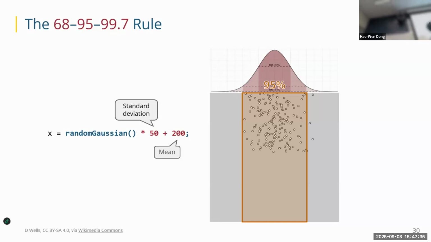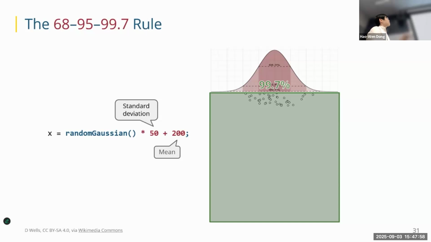If you count, because we have like 400 points here, because y is 400, 400 times 5% would be 20. So if you count the balls outside, it would be 20-ish. Cool. And 99.7% will be in this range. You couldn't see it because everything outside the range, you couldn't see it.